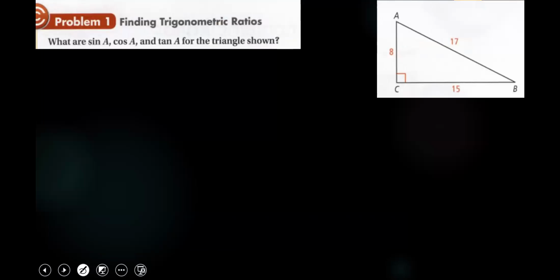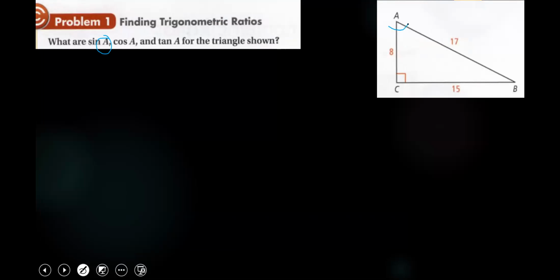Finding the trigonometric ratios. What are the sine, cosine, and tan A for the triangle shown? First of all, before I write the ratios, I have to mention where is the hypotenuse, where is the adjacent, and where is the opposite. Here, I'm talking about angle A. Where is angle A?